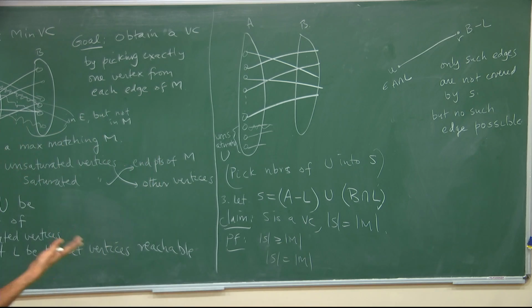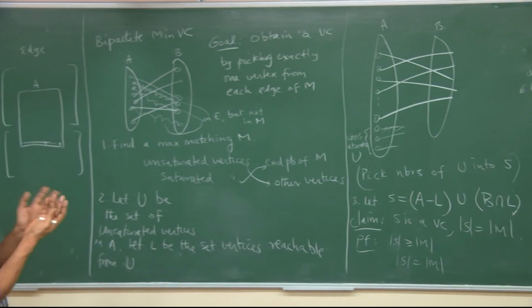So this is an algorithm not using LP to find the minimum vertex cover just after you find the maximum matching. So LP sort of guides you, tells you that these two quantities are the same, but you may not necessarily want to resort to LP to find the optimal solution.